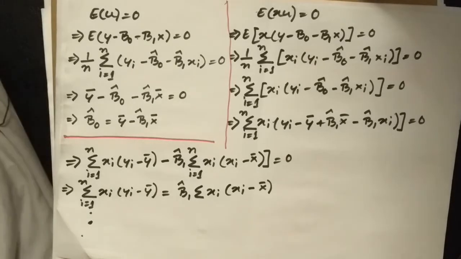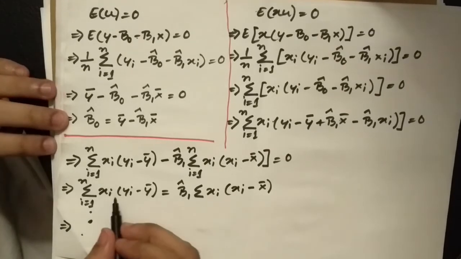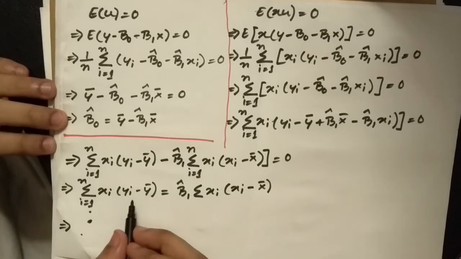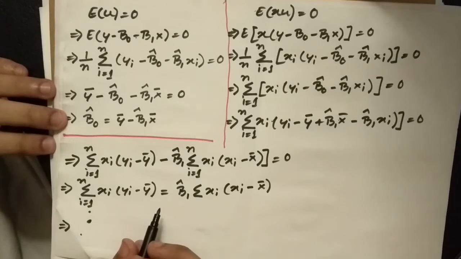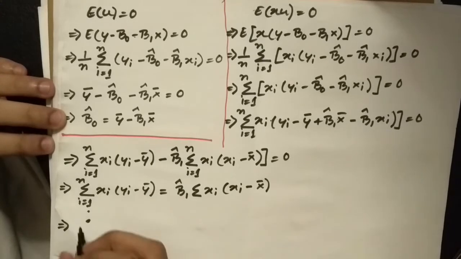So from the basics of summation operators, we know that xi multiplied by (yi minus y bar) is equal to (xi minus x bar) multiplied by (yi minus y bar). So let's just plug in that value.